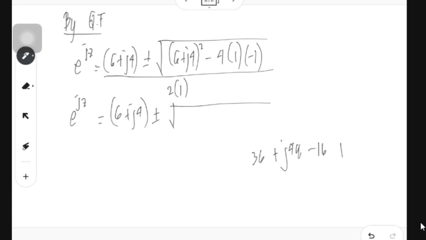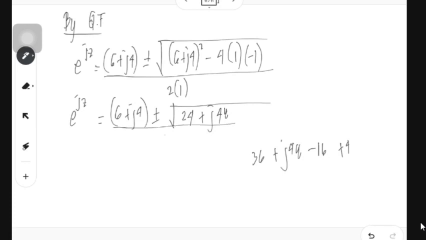Negative, negative, positive 4. So combining similar terms, tama ba ako? 36, twice the product, 48, square of the last term, that is j squared negative 16, then plus 4. 36 less 16 is 20, plus 4, so ito yung magiging 24. Then plus j48.